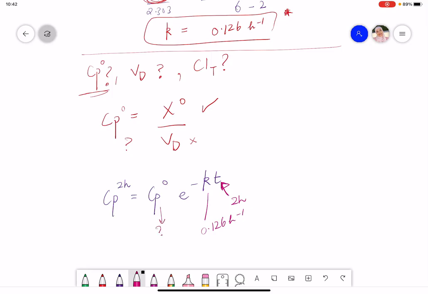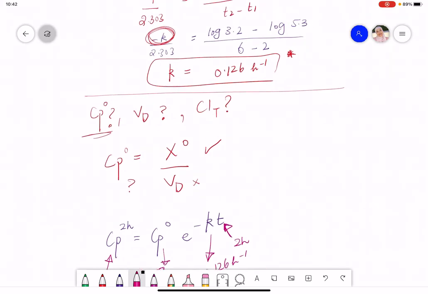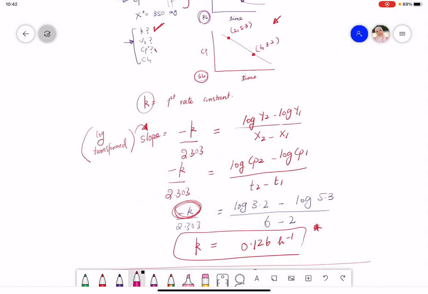CB node is the value that we need, and we have this as 5.3 milligram per liter. So just play around with the equation, rearrange it to have CB node equals 6.8 milligram per liter. So we finished this.